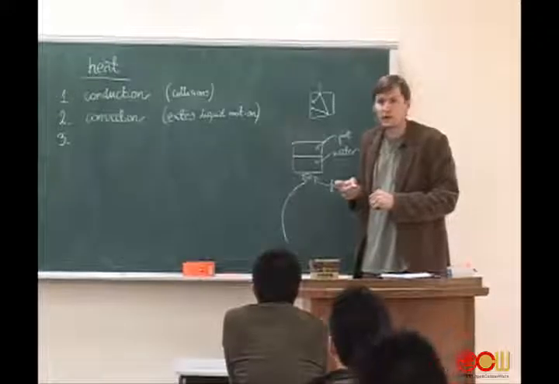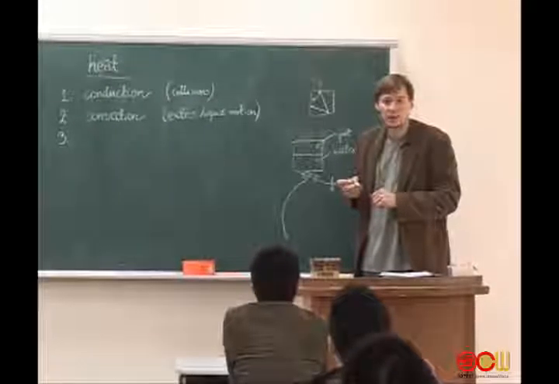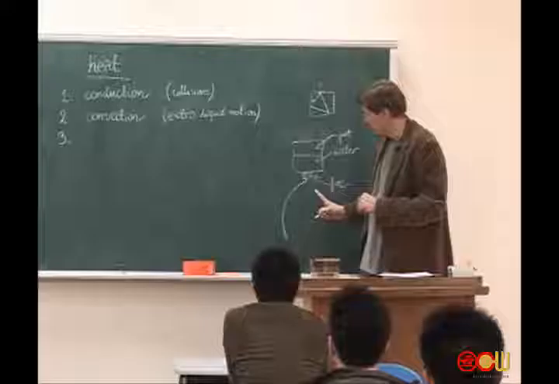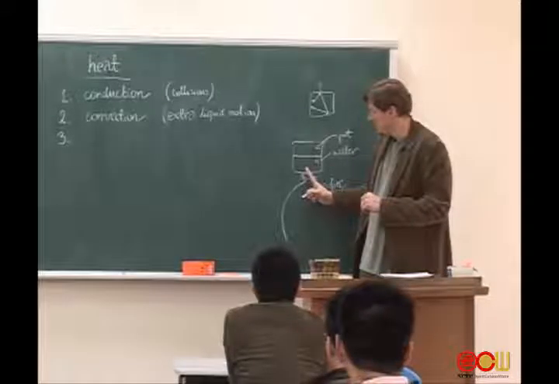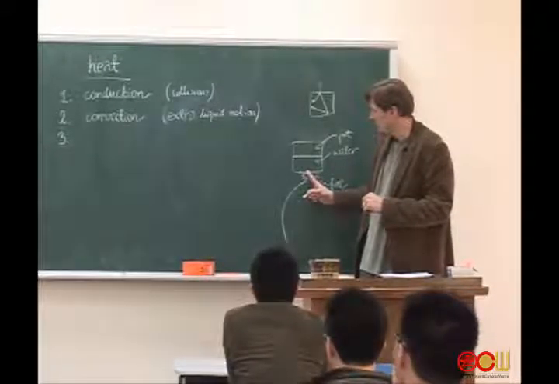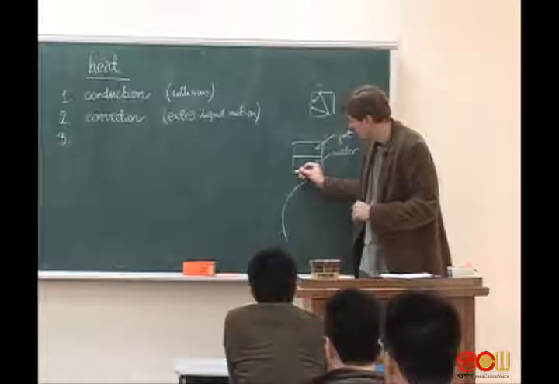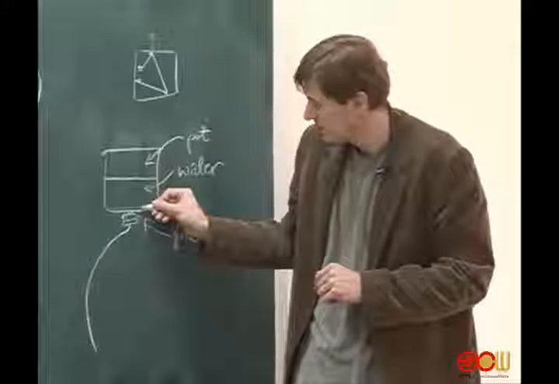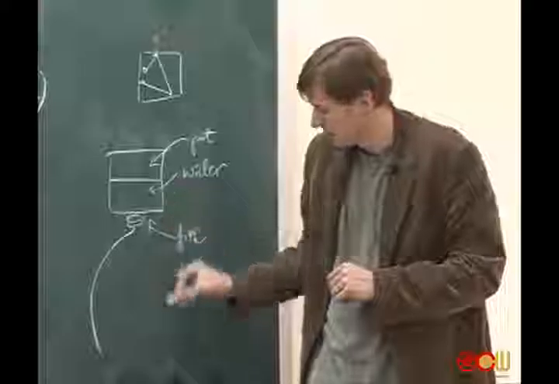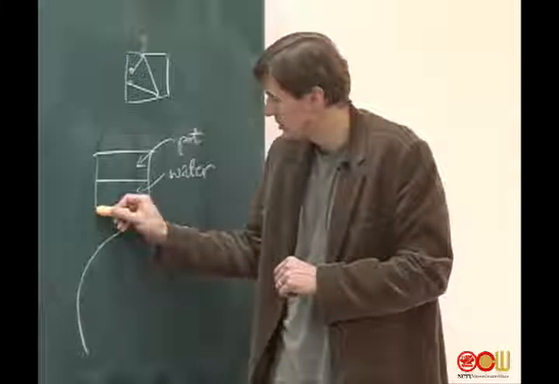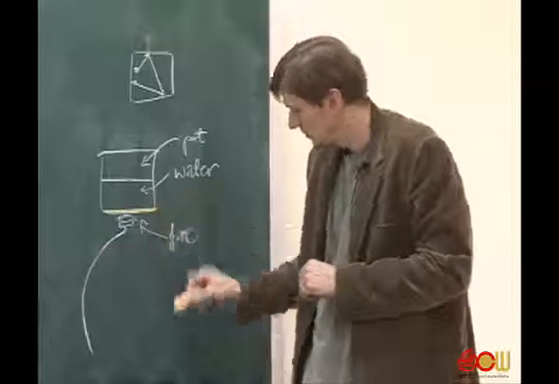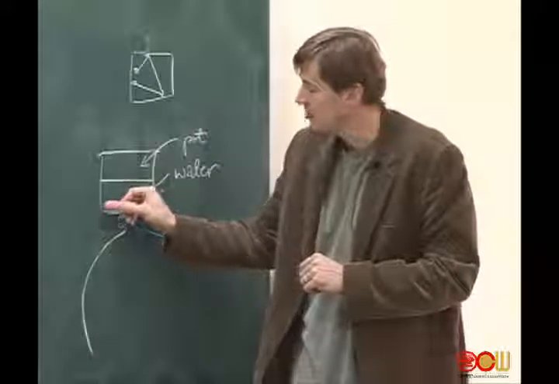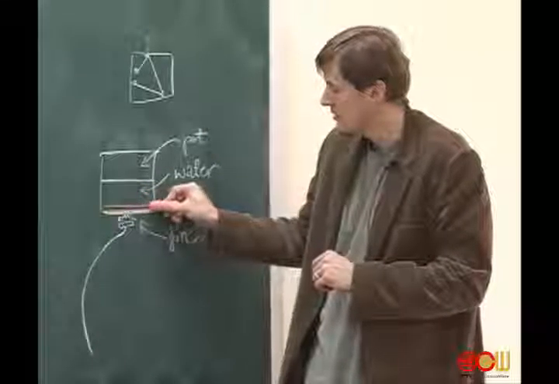Now I'm going to explain why it happens. Now when the heat is coming inside the water, the first layer, I call it the yellow layer, has higher temperature than the next layer.